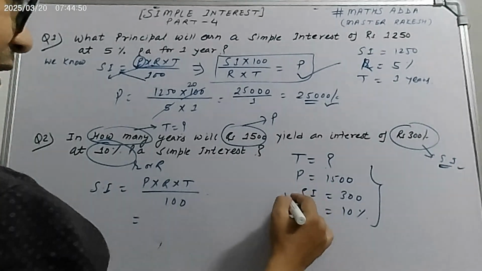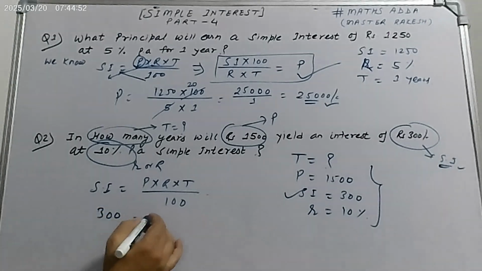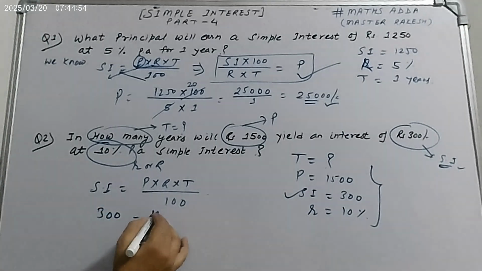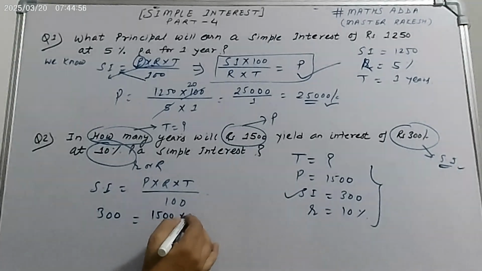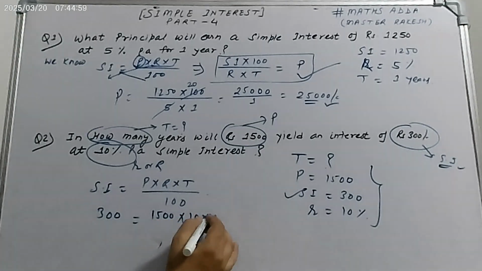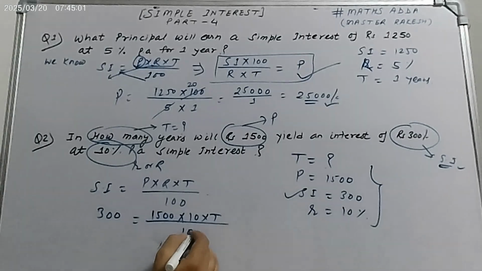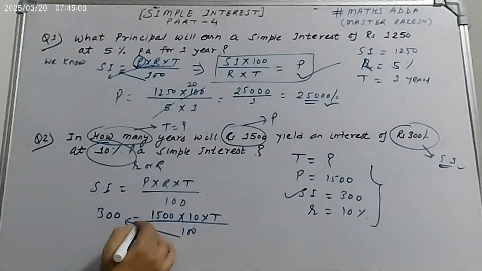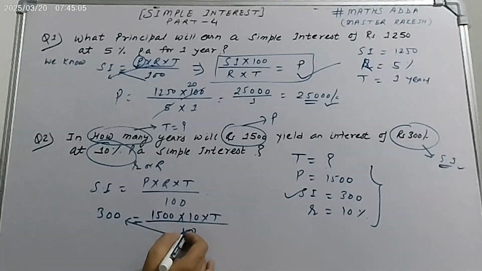So SI is 300, P is 1500, R is 10%, T is T upon 100. This division goes here, and we'll solve it.